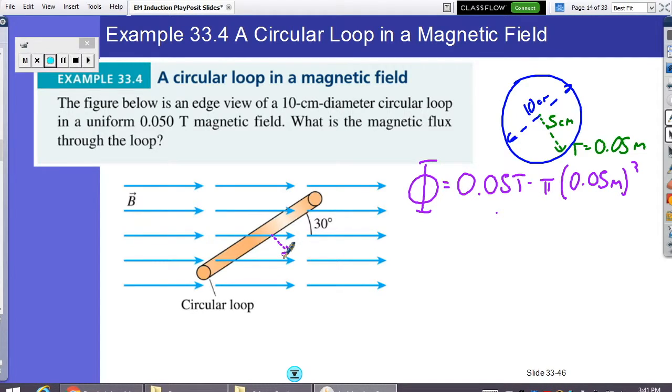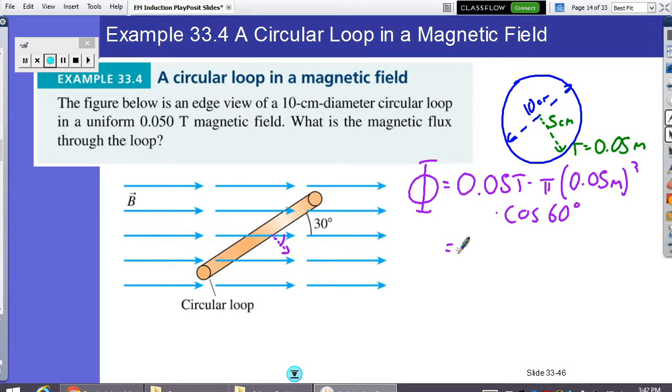What is our component this way? I could use the sine of 30, but instead I'm going to use this angle, which is actually 60 degrees. So I'm going to use in here the cosine of 60 degrees, which I happen to know is 1/2.